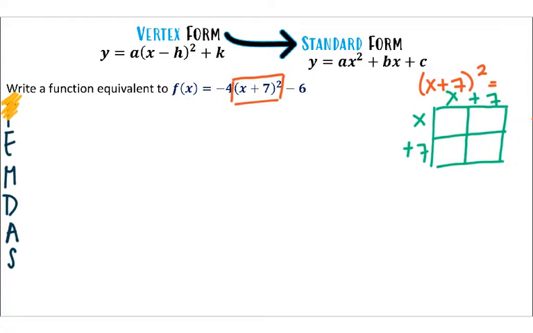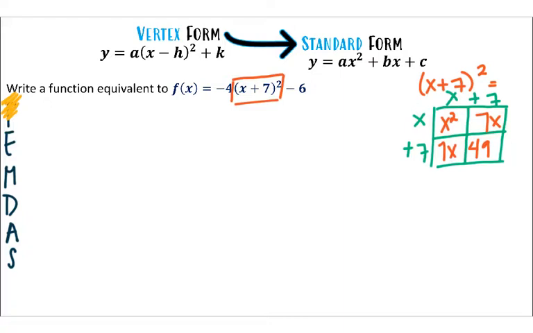Okay, let's multiply. X times x will give me x squared. X times 7 is 7x. 7 times x is the same 7x, no matter how you say it. And lastly, 7 times 7 is 49.